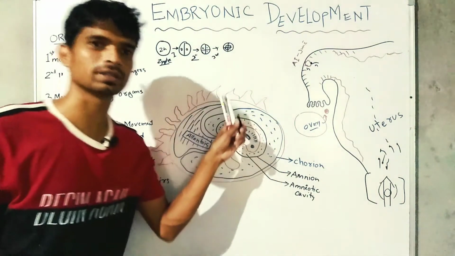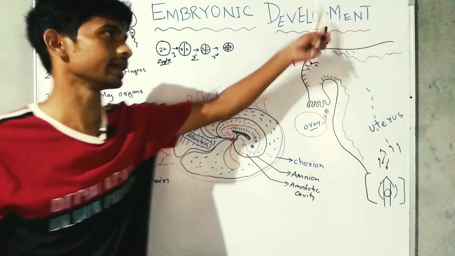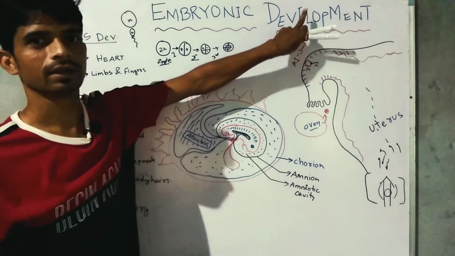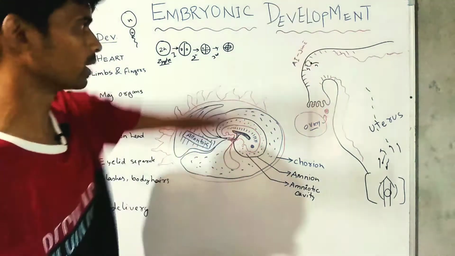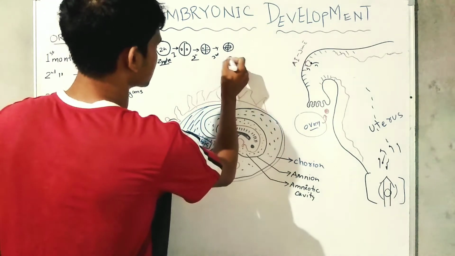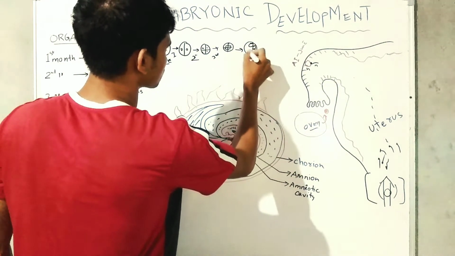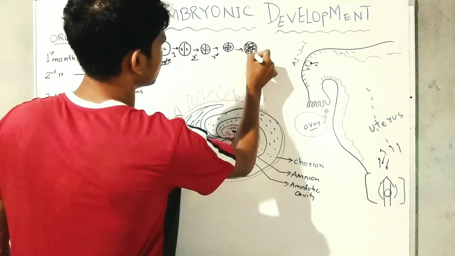So I have already shown you this everything by practically also. If you yet have not seen it, you can click here in the, exactly here in the I button and you can watch the previous video. Okay. So here after 8 cell it will be 16 cell. It will be 16 cell structure.